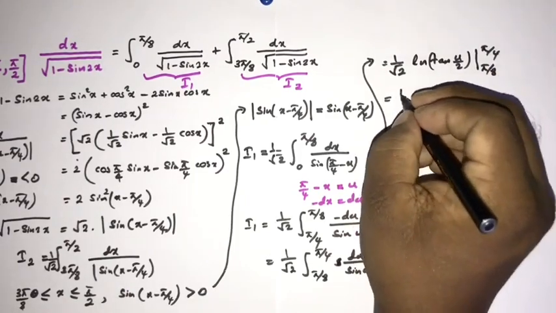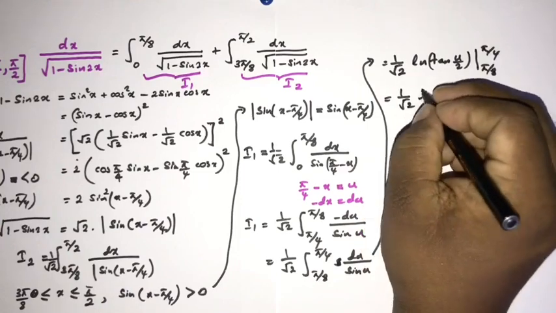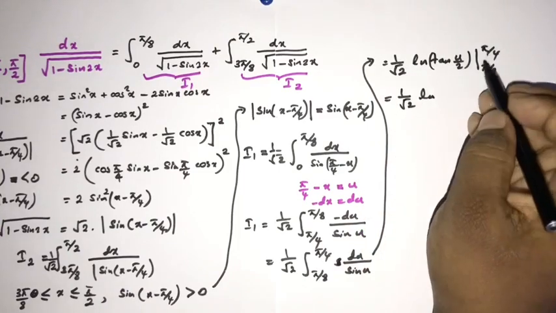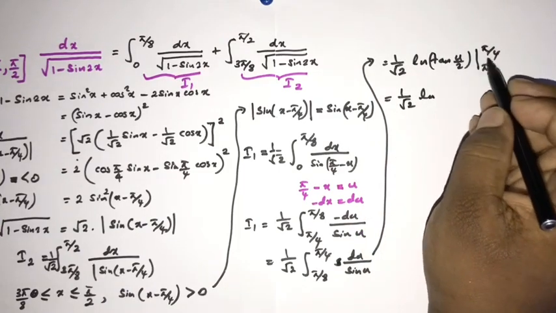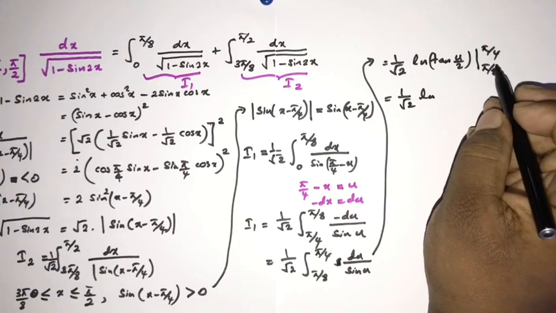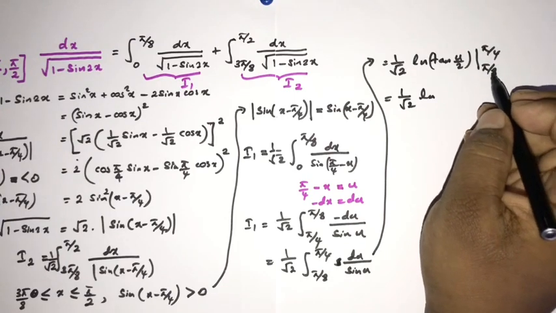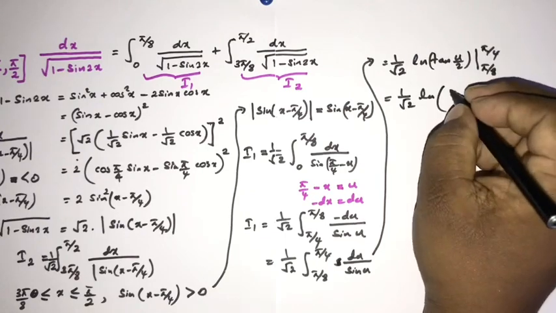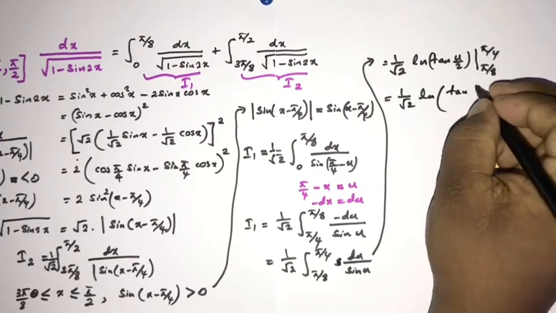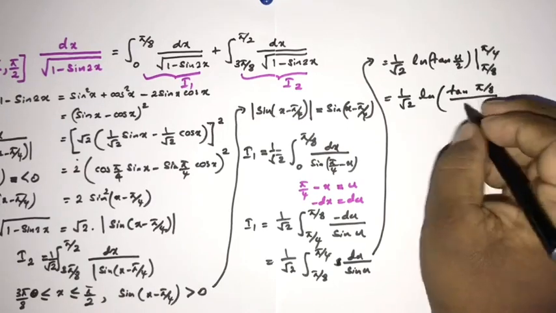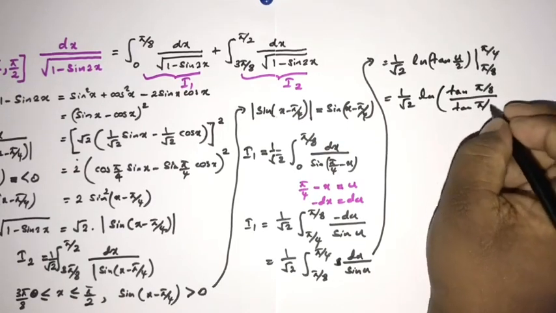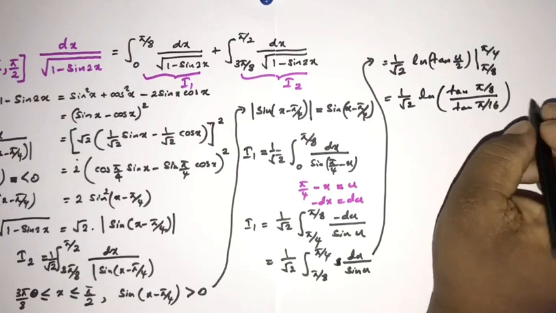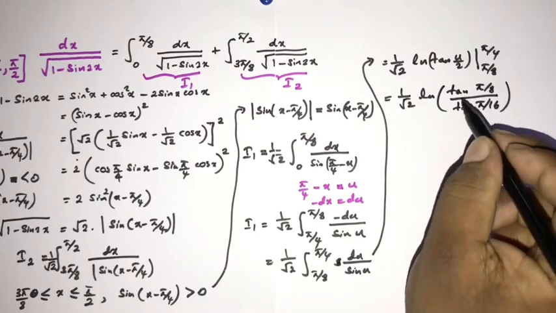Now if we apply the limits, we get natural log of tan of π/8 minus natural log of tan of π/16. So according to the property of natural log, we can write the natural log of tan of π/8 over tan of π/16. This is the answer for I1.